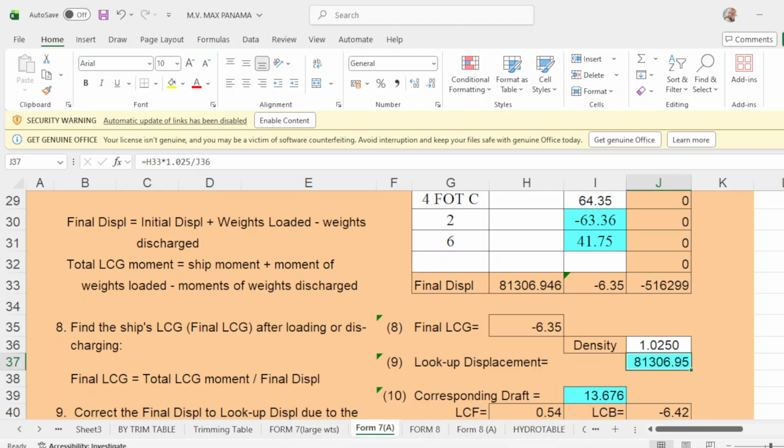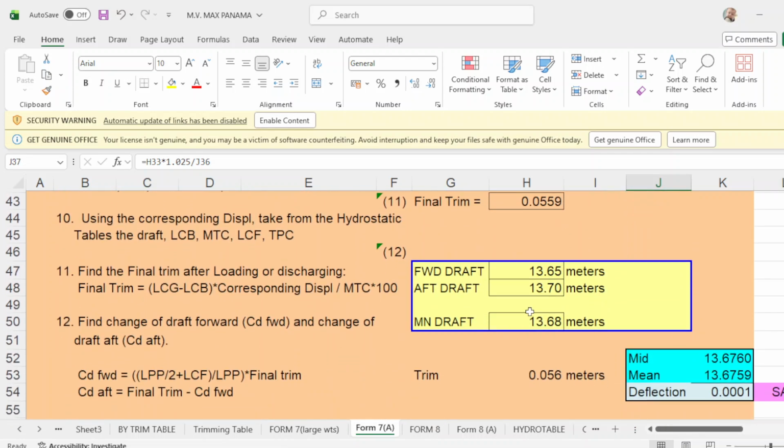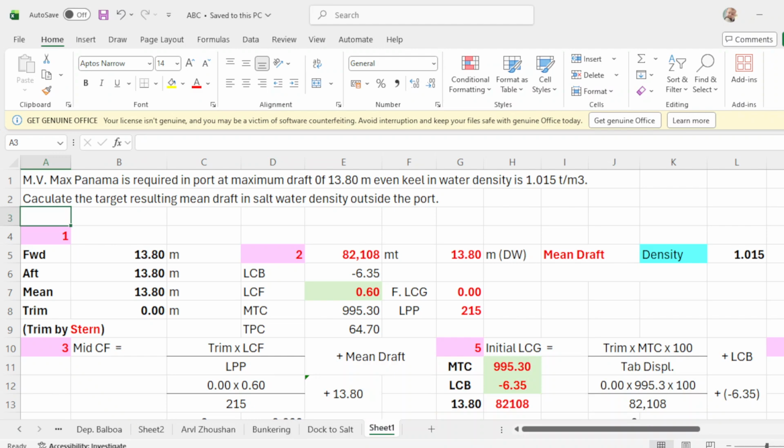And to continue with this formula, your draft forward will be 13.65, aft will be 13.70, and mean draft will be 13.68. It is already rounded up, okay? And your trim is 0.056. Okay, so with manual computation, I'll show you the manual.